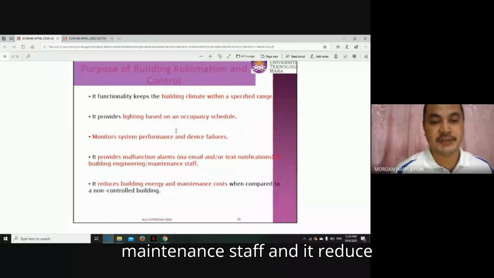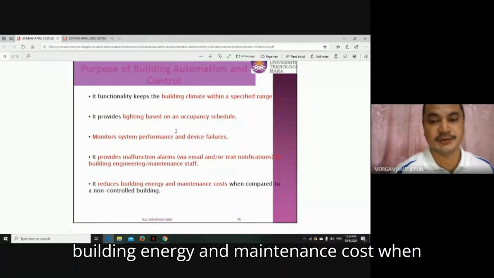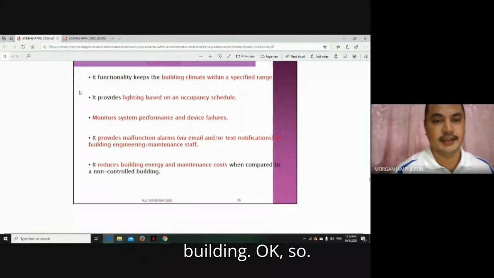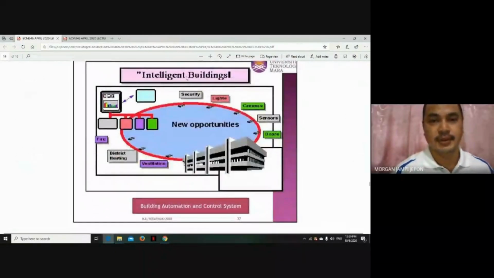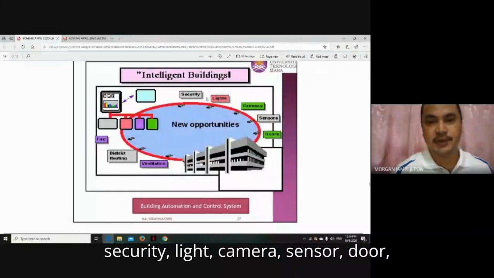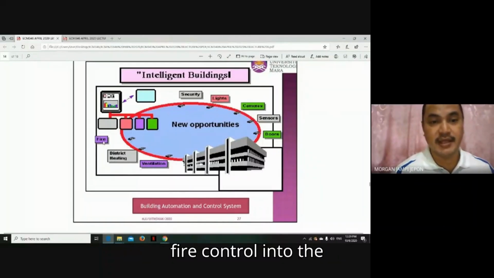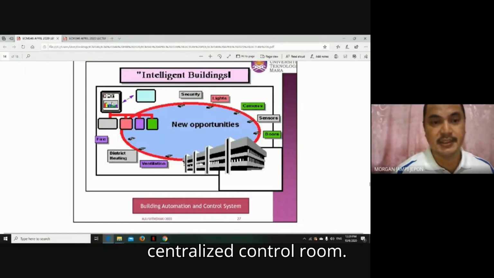And it reduces building energy and maintenance costs when compared to a non-control building. Okay. So intelligent building could be security, light, camera, sensor, door, ventilation, district heating, fire control into the centralized control room.